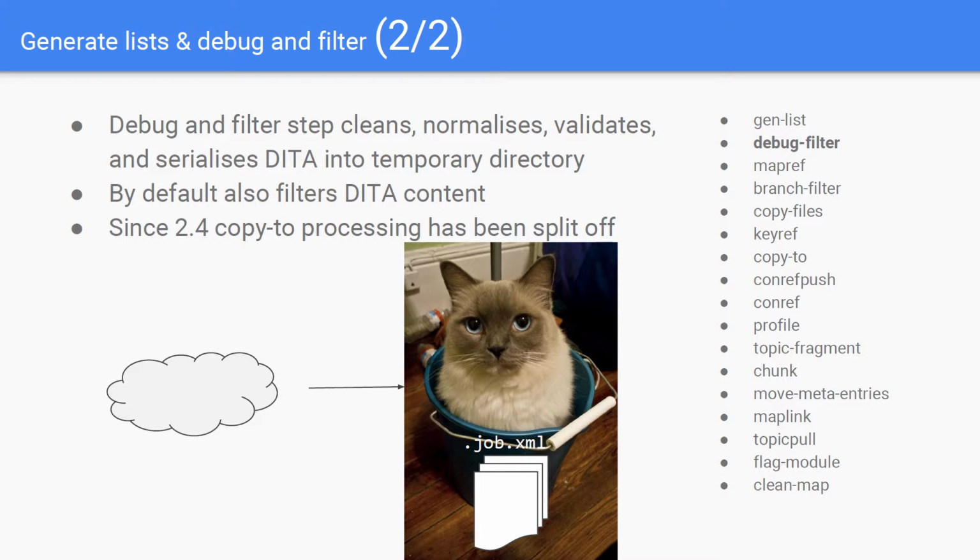Then we get to the next stage where we actually get those topics and stick them in the temporary directory, which in this case is the bucket. So the unfortunate bit with this design is that we have to do the reading part twice to support up levels. Everyone knows what up levels are. Everyone dislikes them. And then we have to also do it for subject scheme.